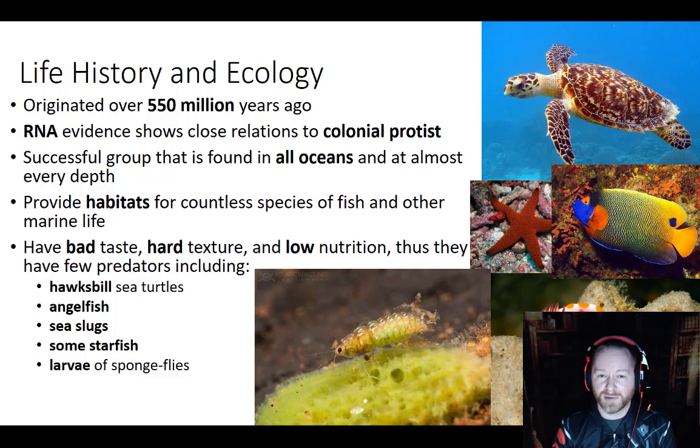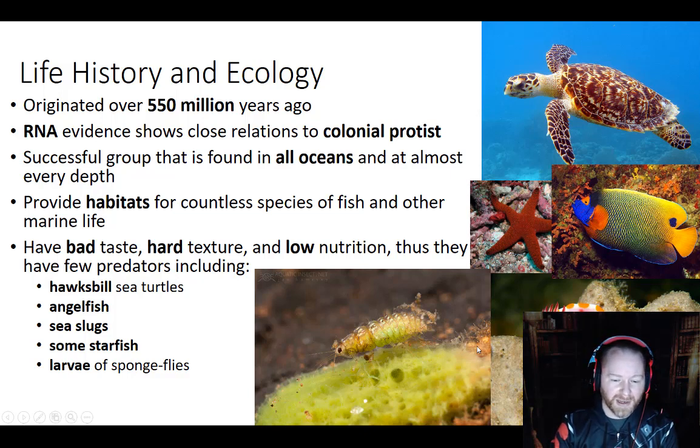They don't have a whole lot of predators, but again, infinite diversity in nature, there are things that will eat sponges and get some nutrition out of it. One of the biggest ones is a vertebrate called the hawksbill sea turtle. Here's a little picture of this guy up here. They're known to eat sponges. Angelfish, here we go, they'll pick at sponges and get some nutrition out of them. There are types of sea stars and starfish that will do that. Sea slugs are another one.